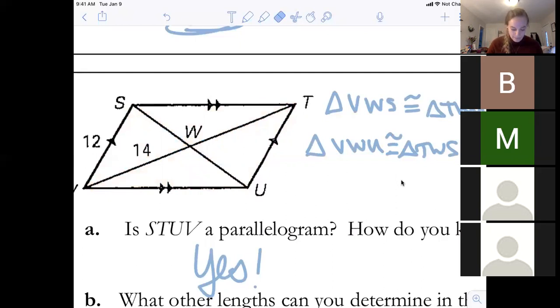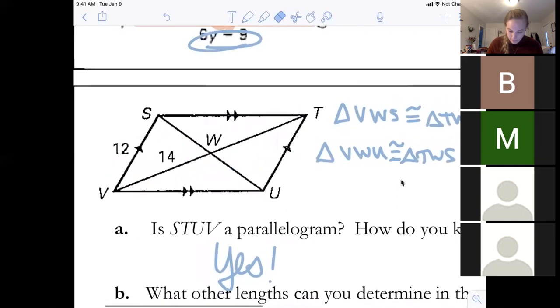Anyone else see them? I'll give you a hint. Could you do VTS and VUT? Mm-hmm.